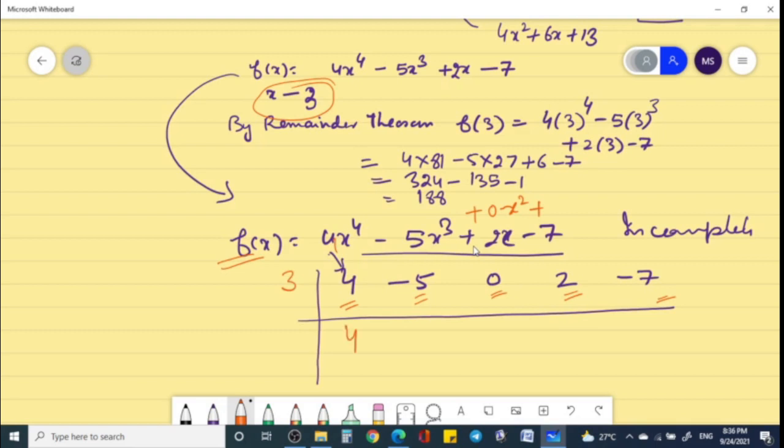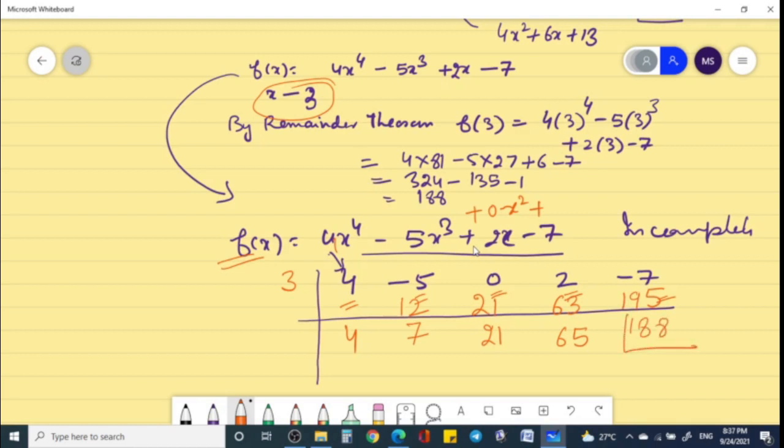4 is here, 4 3s are 12, and there will be minus 7, that is 21, 63, and this is 65, and finally we will get here 5, 195, and there will be 188.